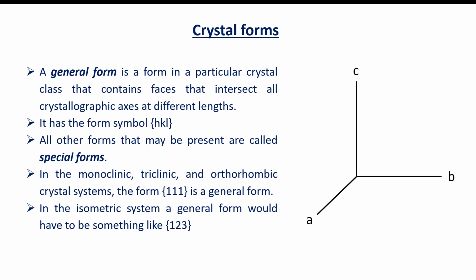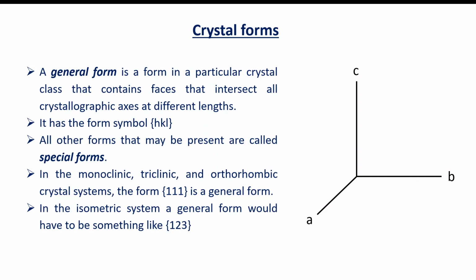So, thinking now about the isometric system, take Miller indices of 1, 2, 3. If I convert it back to Weiss parameters, what would happen? The Weiss parameters will be 1, 1/2 and 1/3, because by taking the reciprocals we were finally able to find the Miller indices of 1, 2, 3.